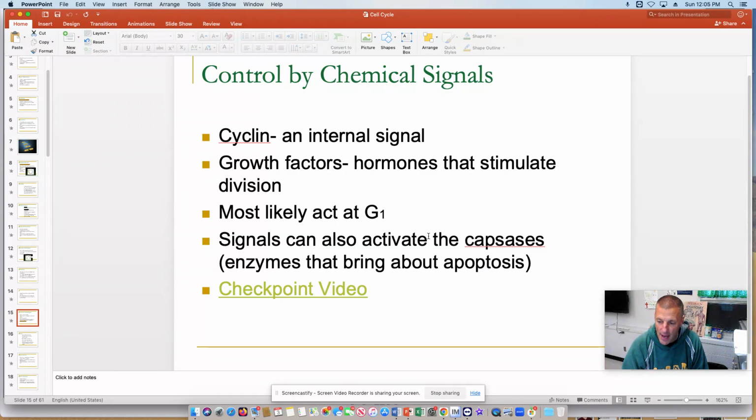And the importance of that is, if this cell is not properly formed, it's going to hurt the organism if that cell passes on that malformed form, I guess you would say.